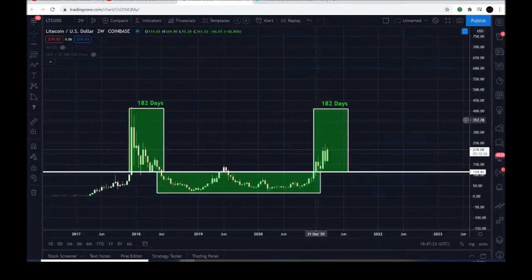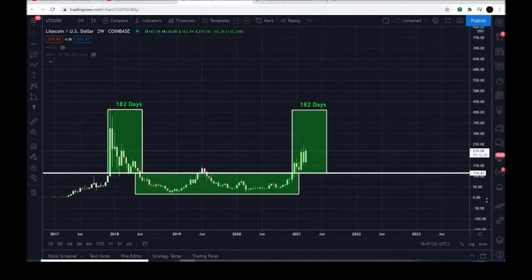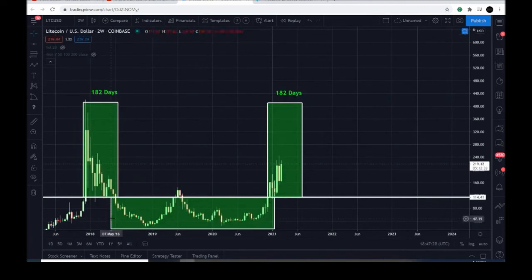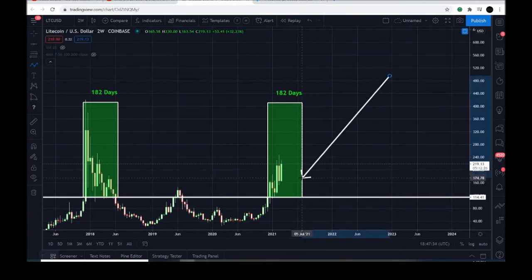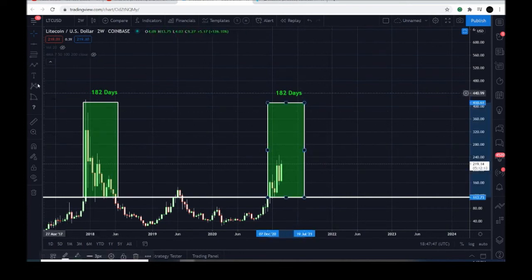Let me give you the date in terms of the 182-day range that we've already gone over on the chart here. It's going to extend over to this area here, which I measured as June the 22nd, 2021. So from now until June the 22nd, 2021, I'm going to expect to see momentum to the upside as long as the price can stay above $117.